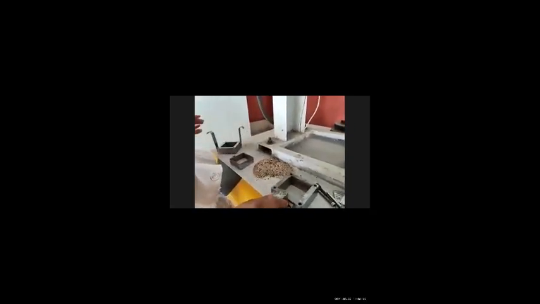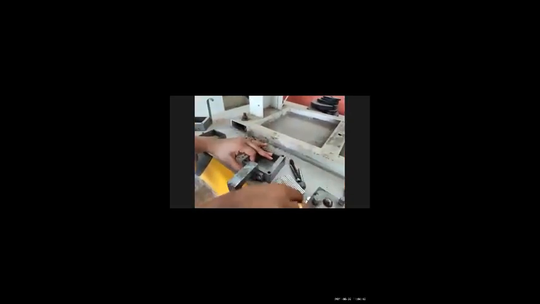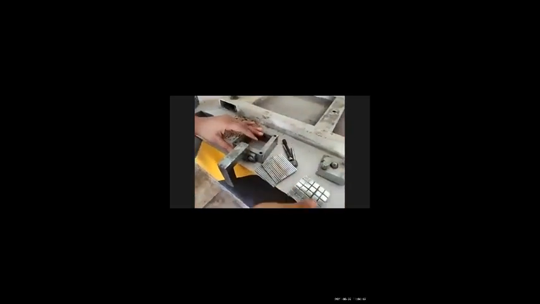So for preparing the sample, we use this box. This is the base plate.